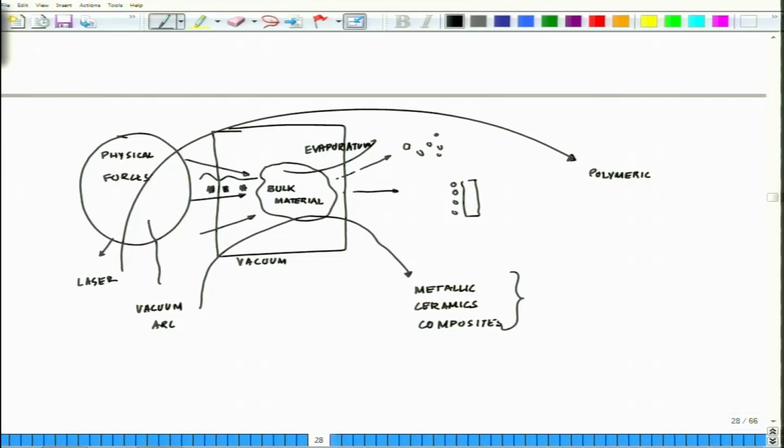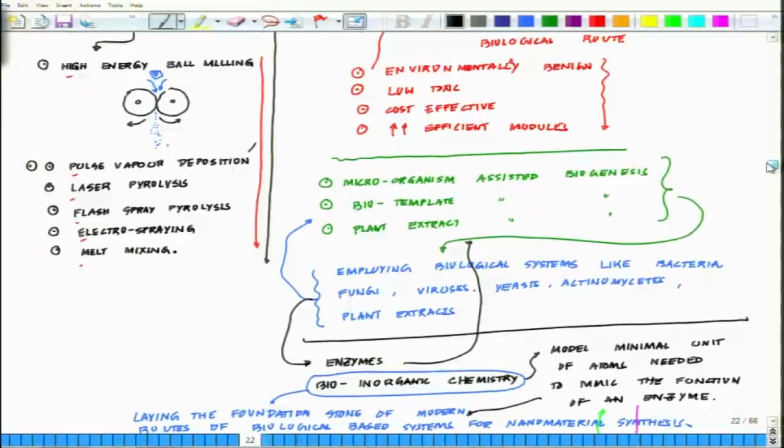Then you have laser pyrolysis. The laser pyrolysis technique is again a vapor based synthesis process. This method can be used to synthesize a wide variety of nanomaterials like titanium oxide, silicon oxide, aluminum oxide, iron oxide, like TiO2, SiO2. So, you have following up on what I told you.